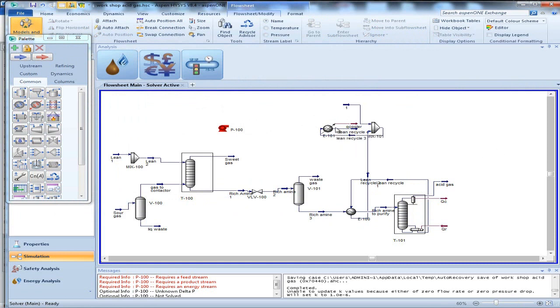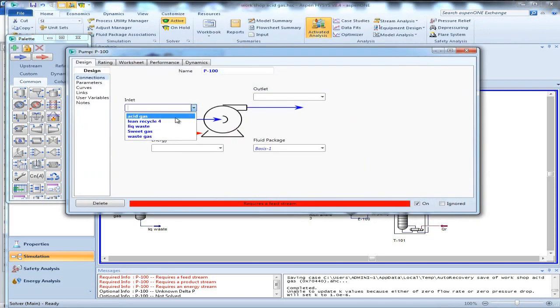I don't know how to rotate this icon. So let's put that lean number 4 out as lean number 5 with some pump duty.